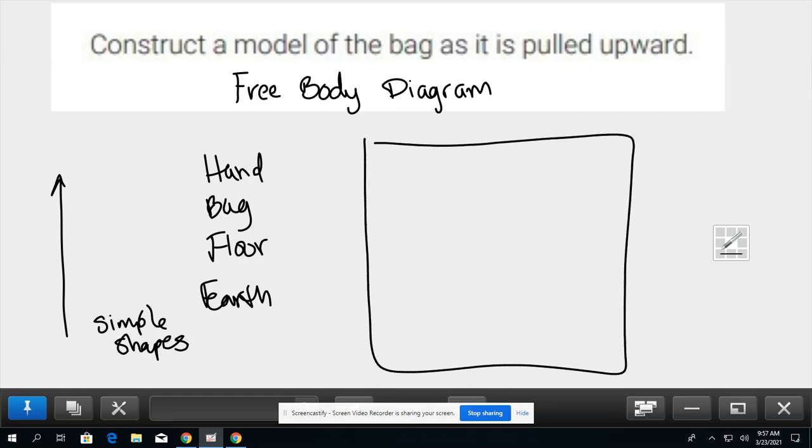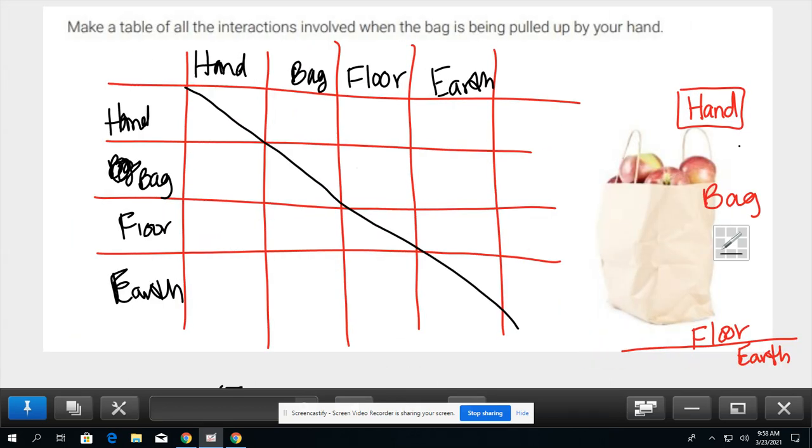After you've drawn your free body diagram, you're going to add those force arrows that come from your chart. Remember, forces come in pairs, moving in opposite directions. Solid arrows represent contact forces, and dashed arrows represent forces that work at a distance.